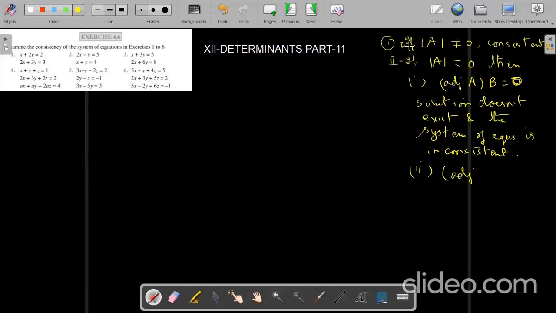In this first part, if we get not 0, then it ends there. If we get 0, then we have to check adjoint A and B also. So if adjoint A multiplied with B is not equal to 0, then the solution does not exist. And if it is equal to 0, then it may be consistent or inconsistent according as the system has infinitely many solutions or no solutions.